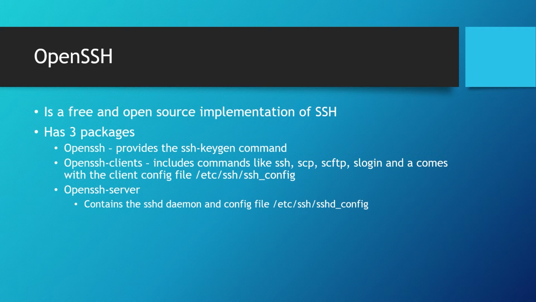Then we have the OpenSSH client, and as you suspect, that package provides all the commands and files necessary to act as an SSH client. And then we have the OpenSSH server, which contains the SSHD daemon, allowing us to receive connections from remote clients.